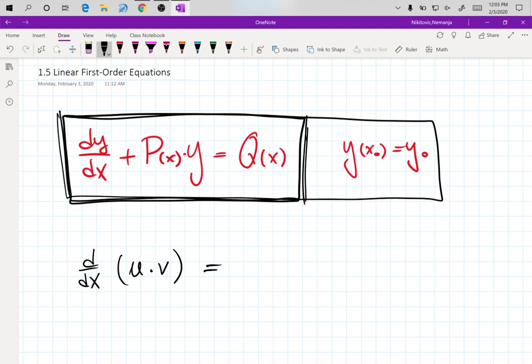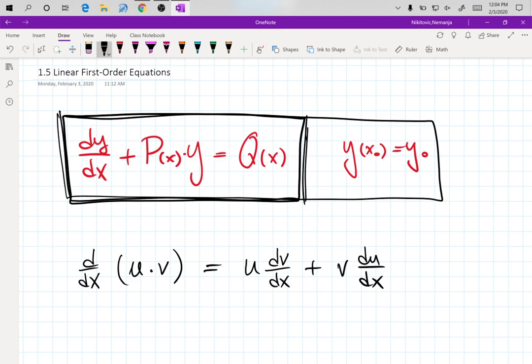You can use f and g if you want to. We had u dv/dx plus v du/dx, right? So that was the product rule.